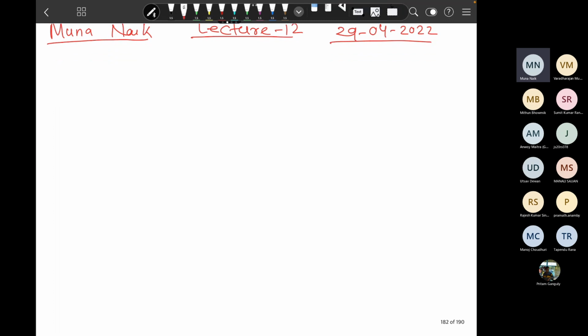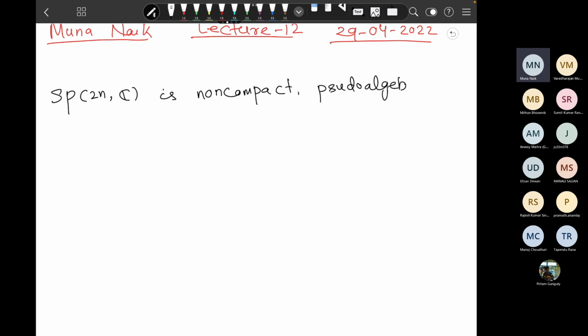Okay, so last lecture we have seen that this group Sp(2n, C) is non-compact, pseudo-algebraic, and closed under conjugate transpose.